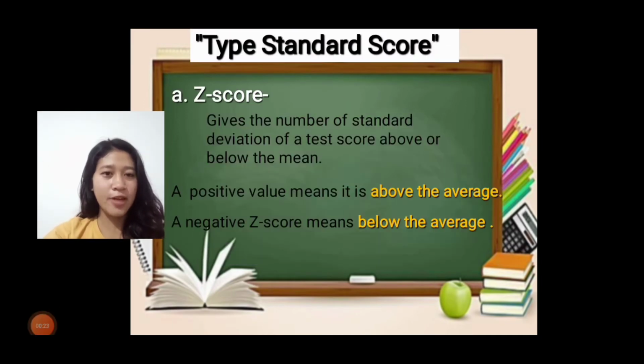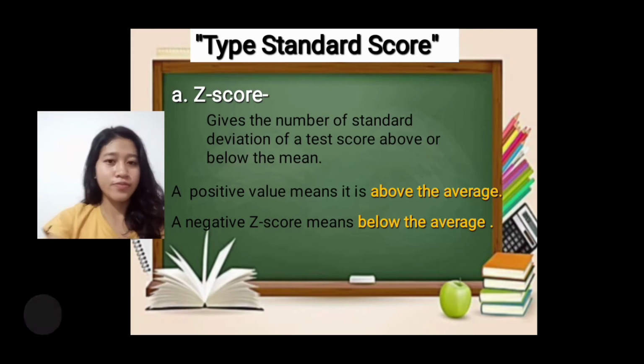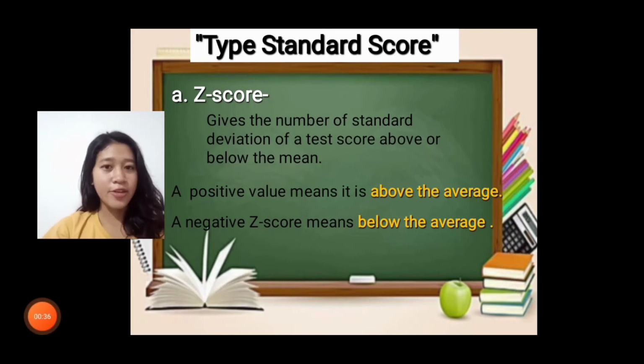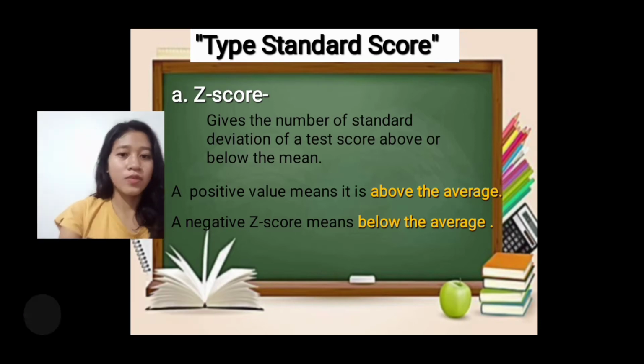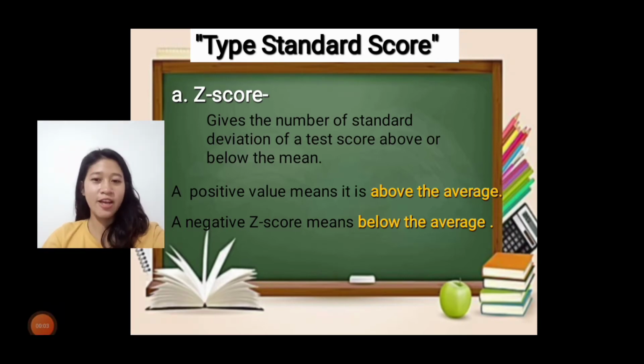A positive z-score means it is above the average, meaning that your x value is greater than the mean, while a negative z-score means below the average. A z-score of 0 means that your x value is equivalent to the mean.